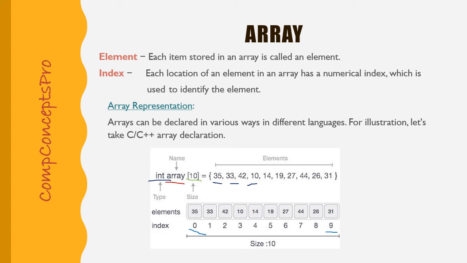So this is the index or the subscript. This 0, 1, 2, 3, this is the subscript of a particular element through which we locate the element. Suppose we have to locate an element at the subscript value 5, so the answer will be 19.